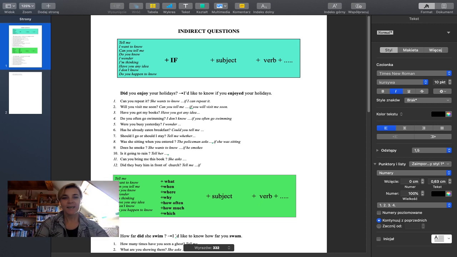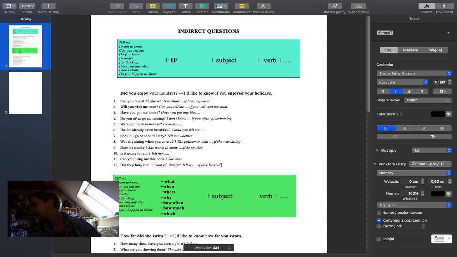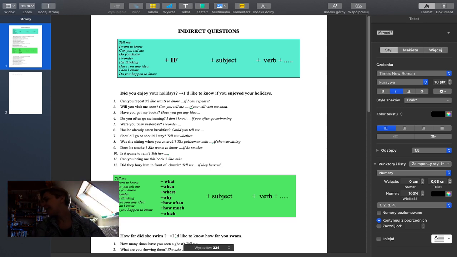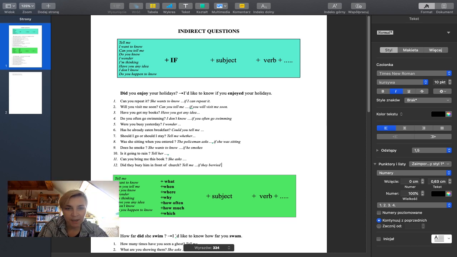Yes, Mikołaj, of course, if they buried. Antek, okay. Antek and Rochu, of course, you're absolutely right.